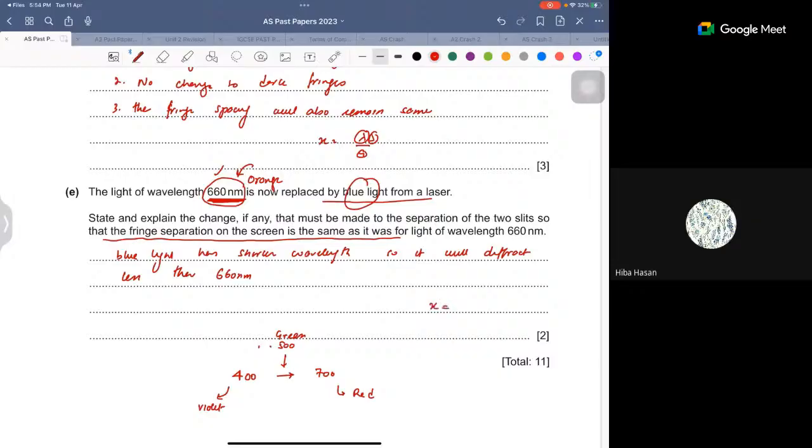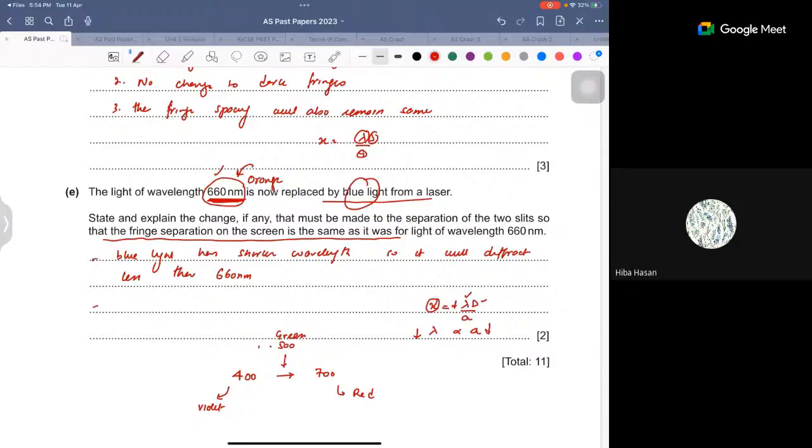Our formula was x equals lambda D over a. Now lambda is decreased, and we want x to be the same. D is the same, so lambda can be compared with a. If you decrease lambda, what do you need to do? You need to decrease the slit separation.